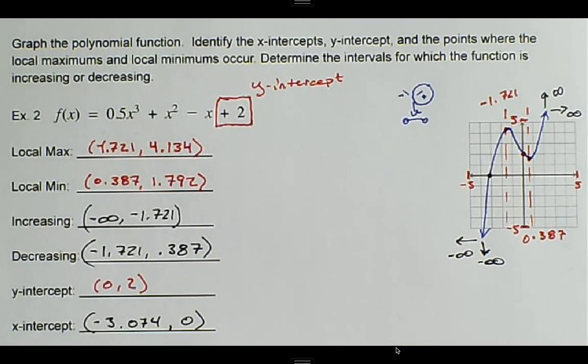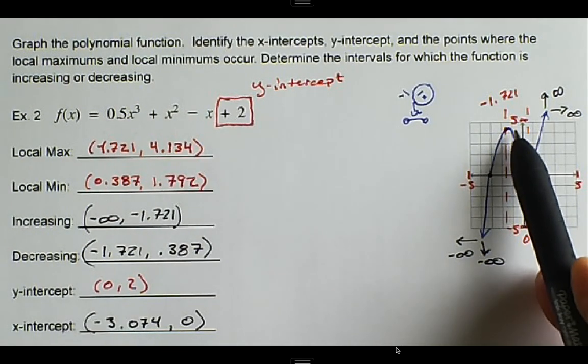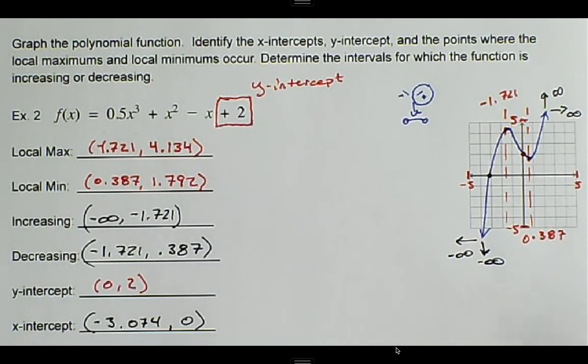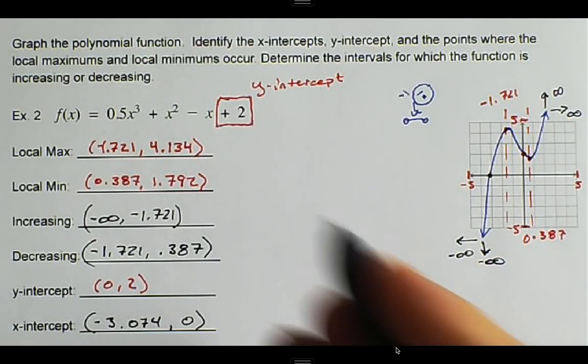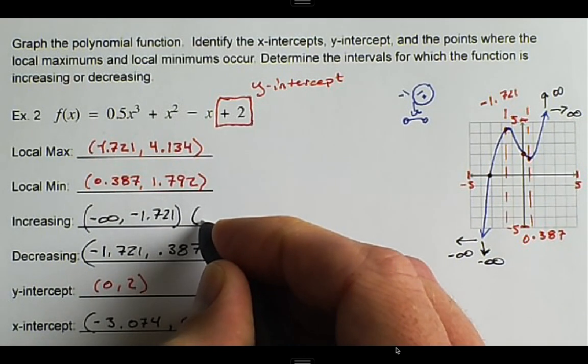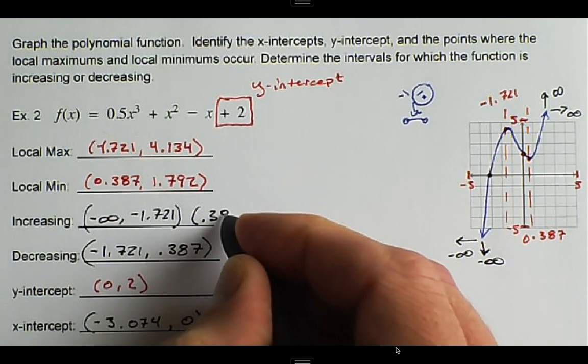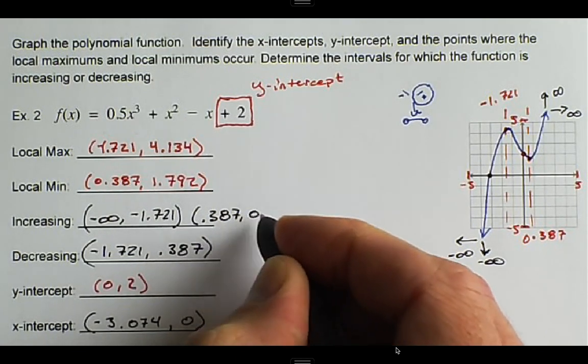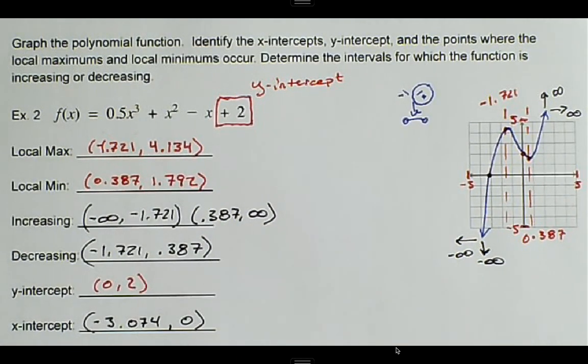And again, we're going to use parentheses because neither the local max or the local min are included. And then once we get to 0.387, it turns and starts to increase all the way to positive infinity in the x direction. So then it will start from 0.387 and it'll go all the way to infinity.